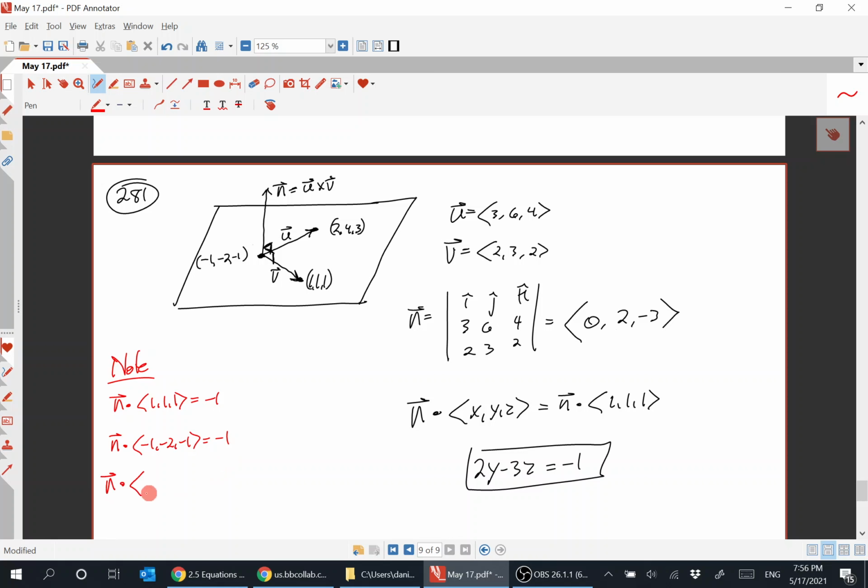And n dot the last point, 2, 4, 3: that's 8 minus 9, which is minus 1. They're all the same. So it's n dot (x, y, z) equal to n dot a point on the plane. Whichever one you like, it doesn't matter, those dot products are all the same. Okay, pretty cool.